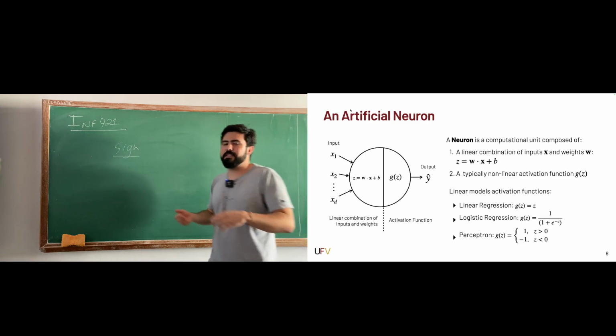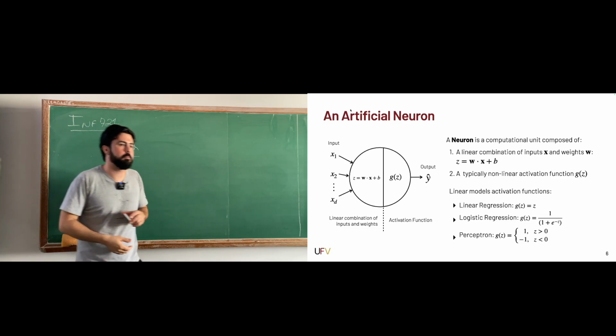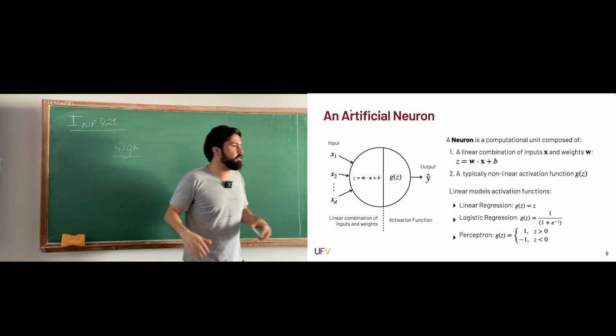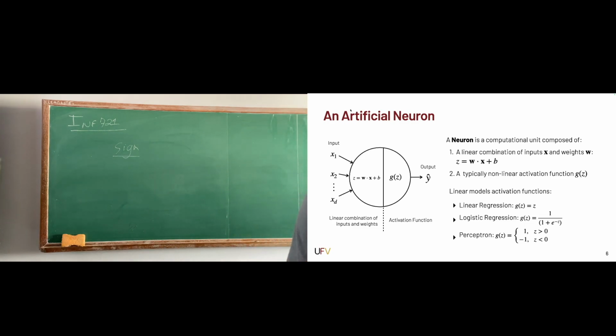Biological neurons have synapses, they have activations as well. So this idea comes from biological neurons. So it's not just a nice visual way to combine these algorithms. But I don't want to talk much about this biological inspiration.